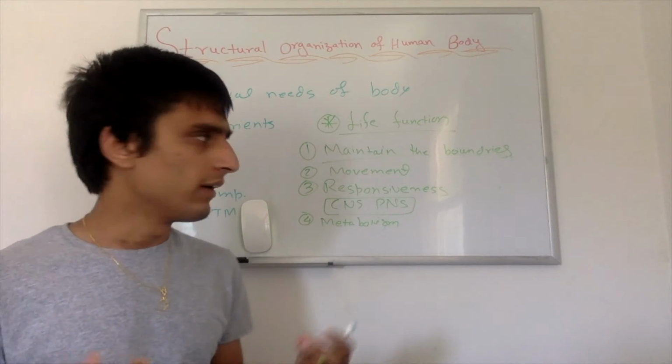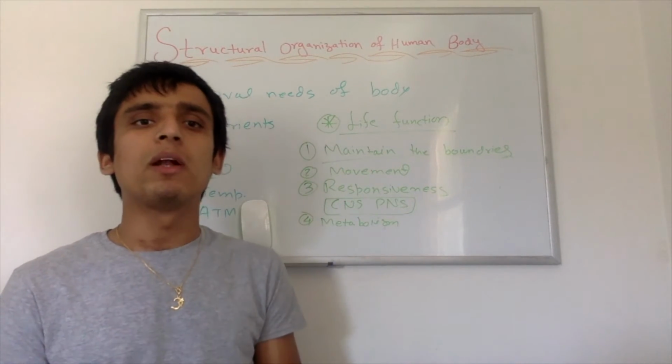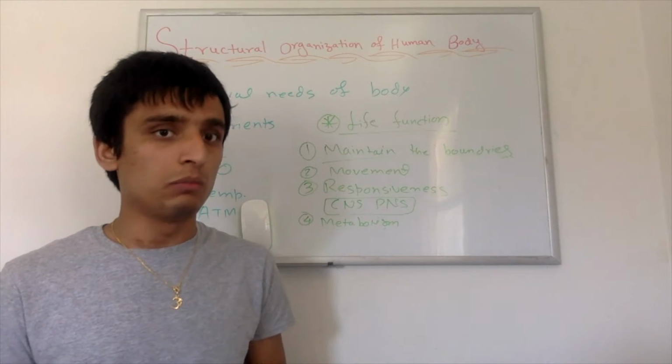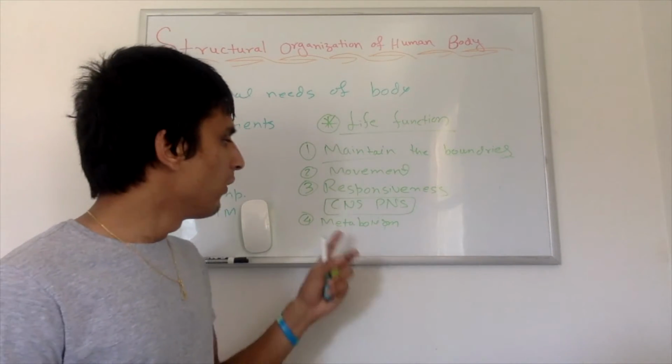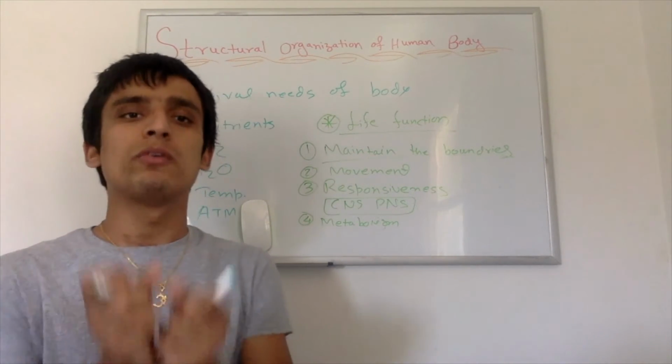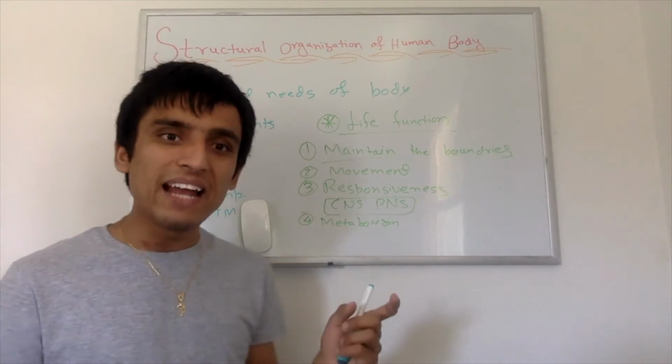It is very important, breaking down big molecules into smaller ones so our body can absorb them, or building smaller ones into bigger ones so our body can recognize them.